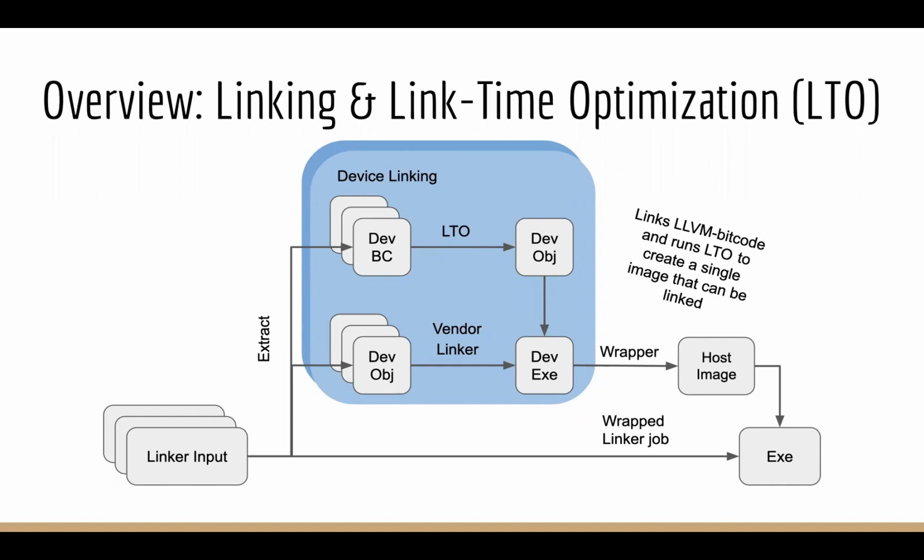If it's bit code, then we can do what I mentioned previously and link them all together, run a single optimization on them, and then get a device object file, which we will then just run through the vendor linker, whatever it is, to get the final device image. Then we will run a wrapper phase, which basically just creates the necessary registration code so that libOMP target can actually register that image with the runtime.